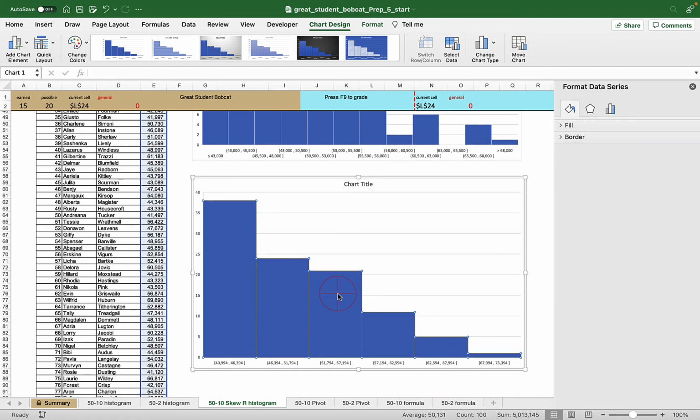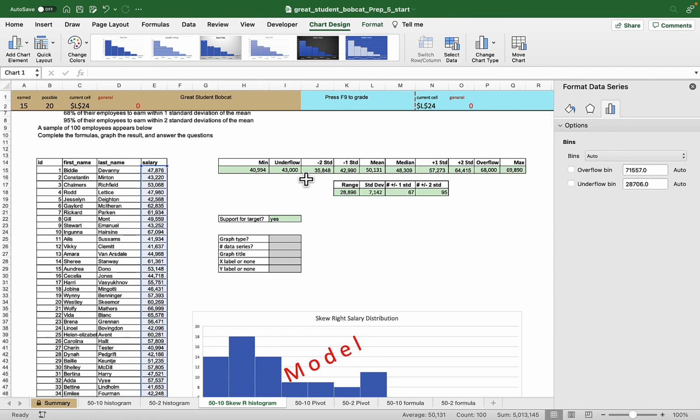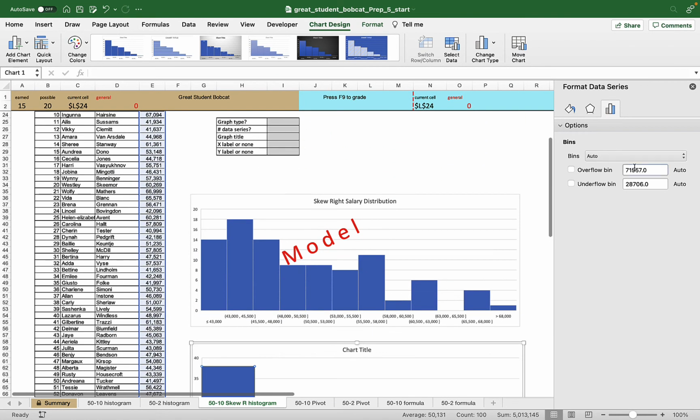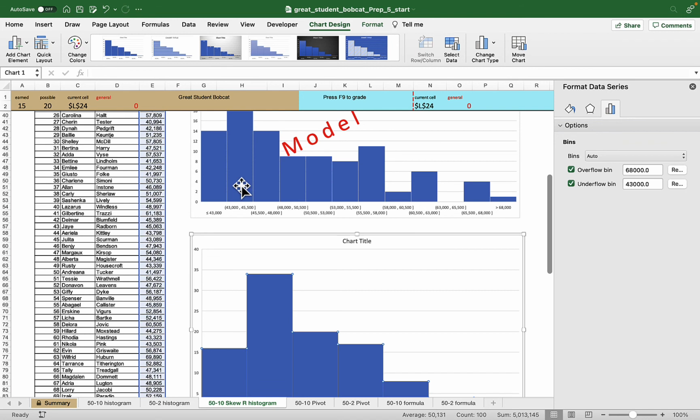Double click here. Okay, that means you have to do the overflow and the underflow. So we're going from 43 to 68. So 68,000 is the overflow, 43,000 underflow. And then let's count bins. 1, 2, 3, 4, 5, 6, 7, 8, 9. This one counts 10, 11, 12, even though there's nothing in it.